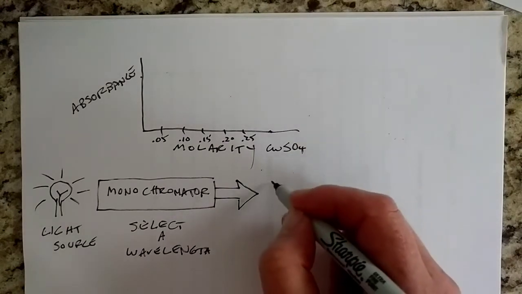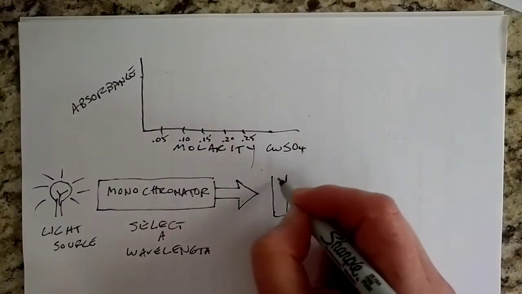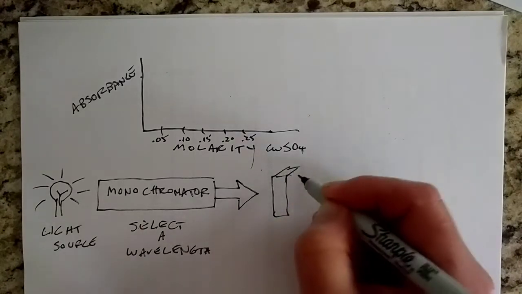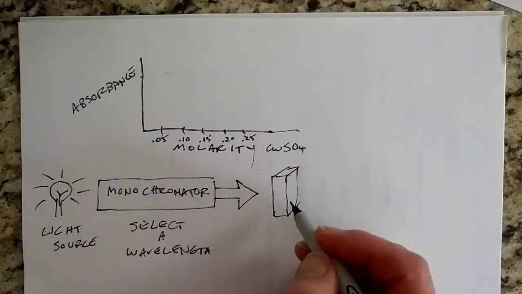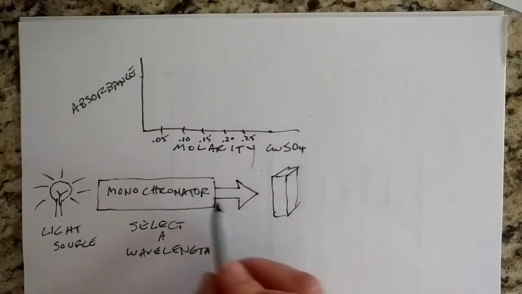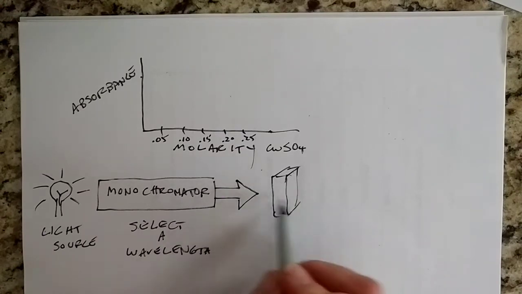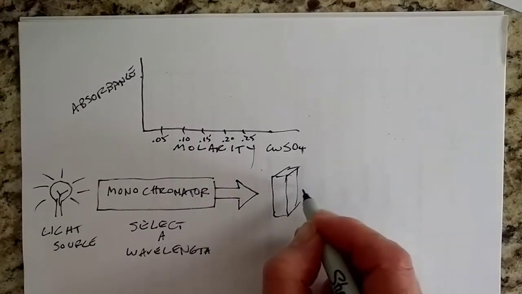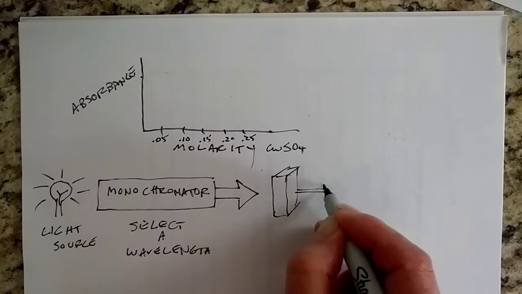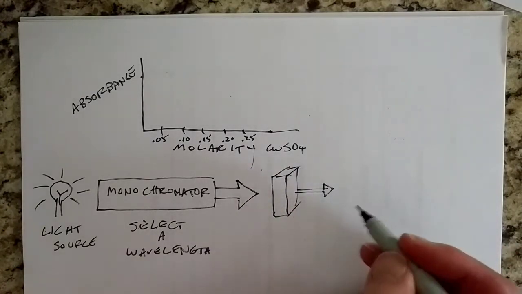Now we have our sample, and that's in a cuvette. Sometimes they're square, sometimes they're like a test tube. And here's where we have our copper sulfate. So the single wavelength light comes in, the copper sulfate absorbs some of that light, and less comes out because some of the light is absorbed by the solution.